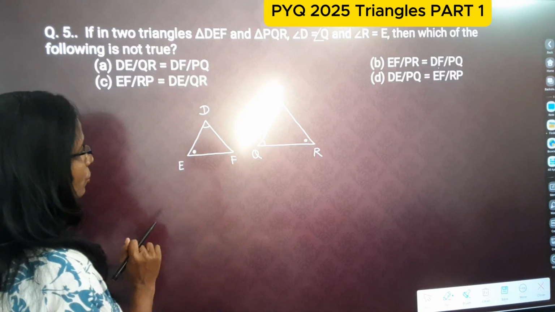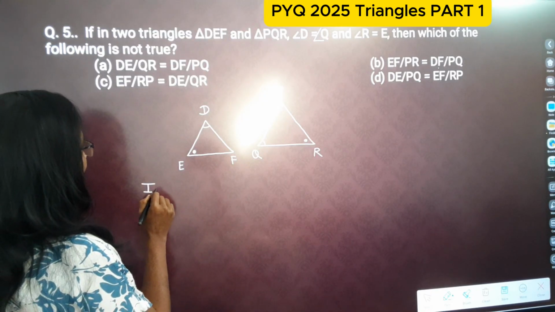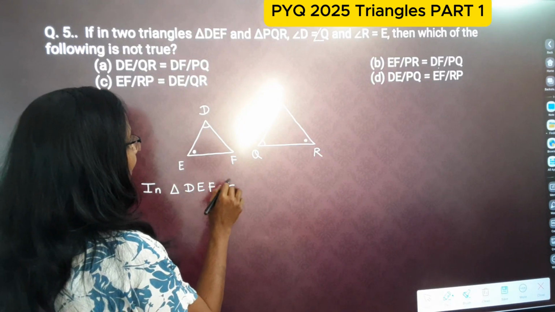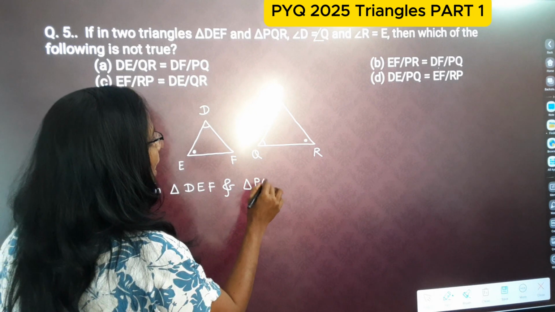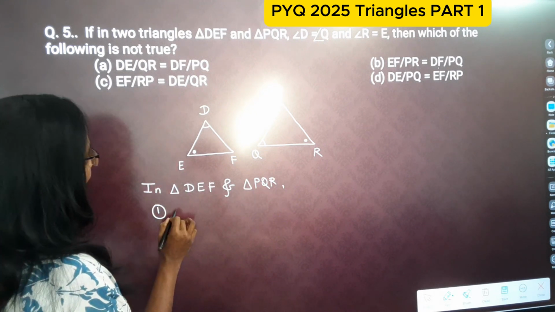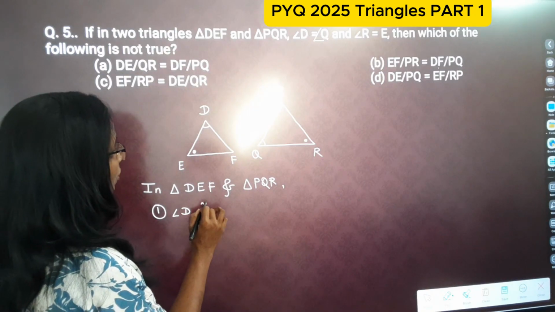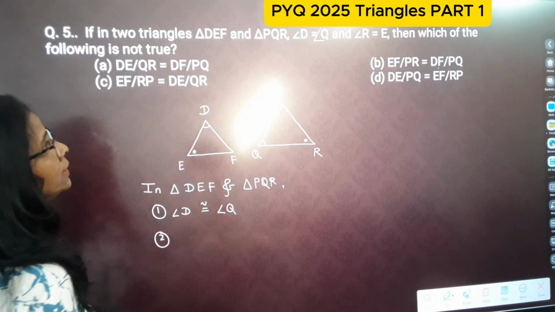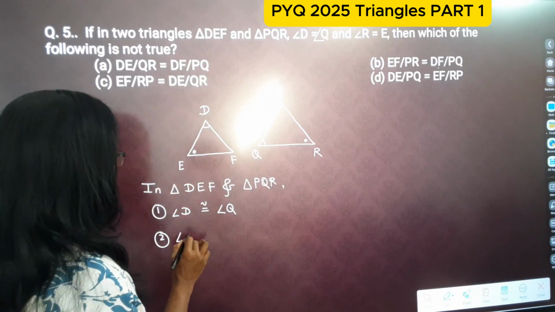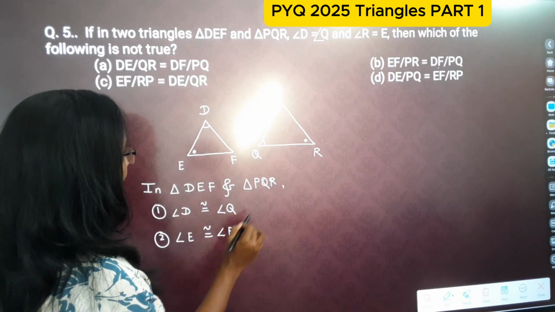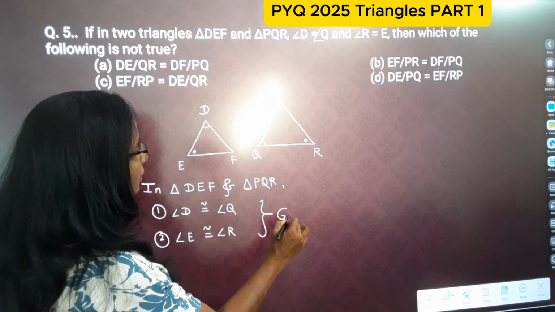So now here students, I write here in triangle DEF and triangle PQR: first point, angle D is congruent to angle Q. Second one, angle E is congruent to angle R, by the given.